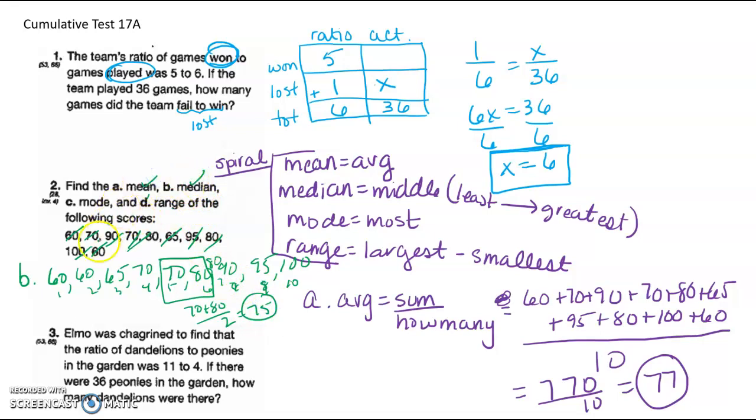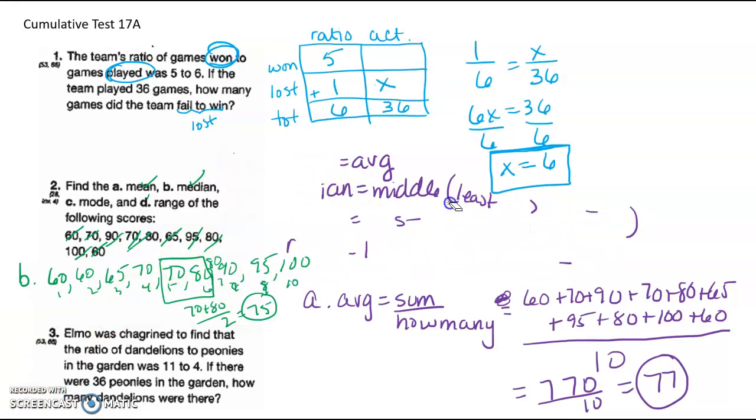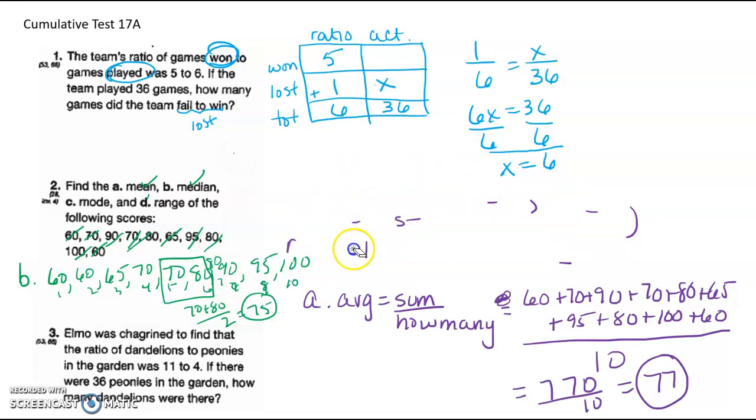I'm going to do some erasing and we'll do the mode and the range. Just need a place to do some work here. Okay, so C is the mode, which is the most.